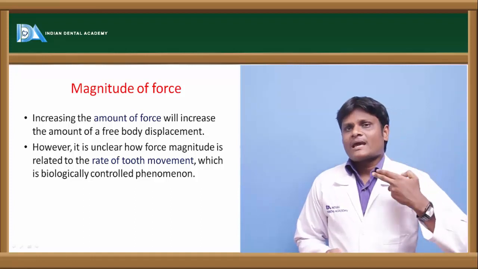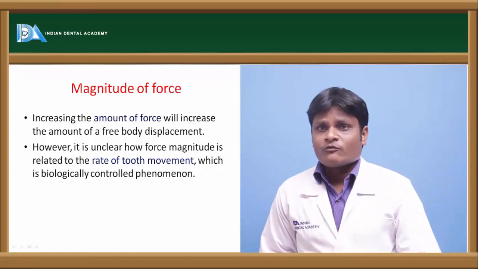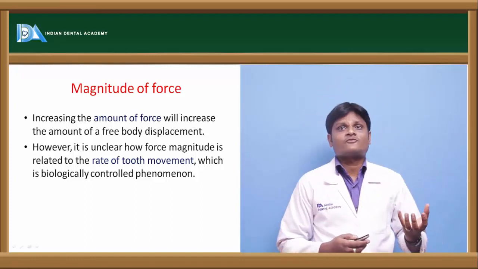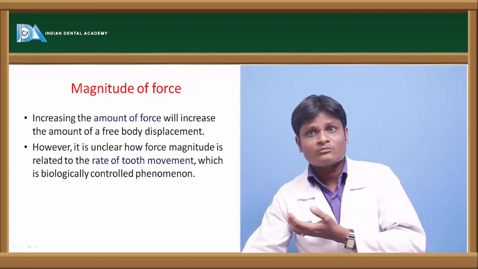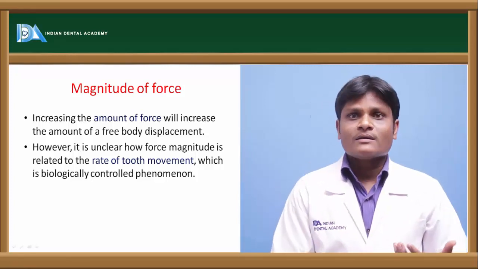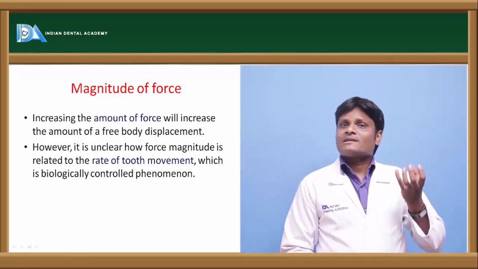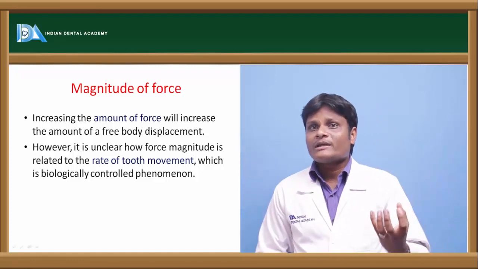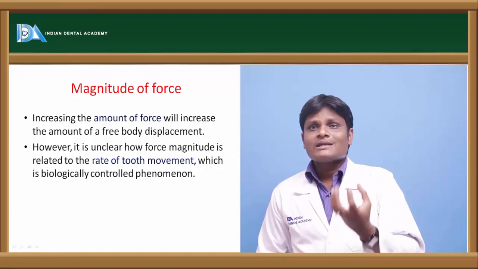When we take the same principle of increasing the magnitude of force in the case of orthodontic tooth movement, it's a hypothetical question whether this increased force is going to increase the rate of tooth movement or decrease the rate of tooth movement. It depends upon the biological response of a particular individual, the pliability or the moldability of the bone in which the teeth are embedded.